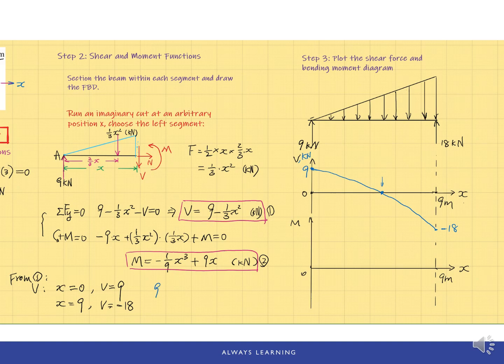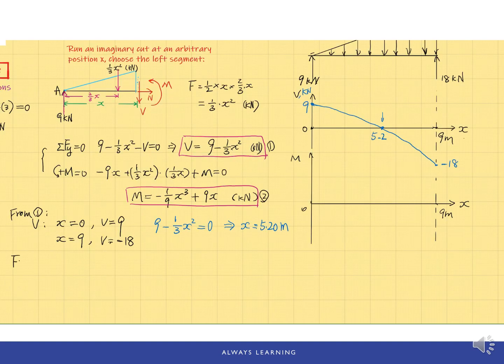Just make V equal to 0, meaning 9 minus 1 over 3 x squared equals to 0. Then we solve for x. Based on this equation, we need to pick the positive value. So it's 5.2 meter, which means at x equal to 5.2, the shear is 0, or this is the zero shear point.